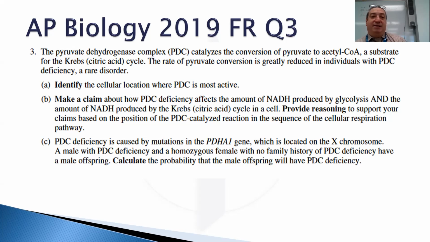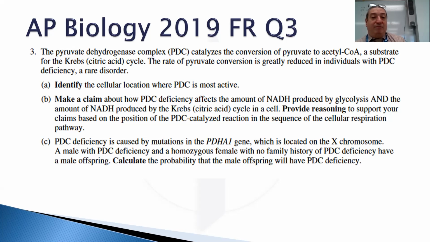The pyruvate dehydrogenase complex, PDC, catalyzes the conversion of pyruvate to acetyl-CoA, the substrate for the Krebs or citric acid cycle. The rate of pyruvate conversion is greatly reduced in individuals with PDC deficiency, a rare disorder. You want to identify the cellular location where PDC is most active.